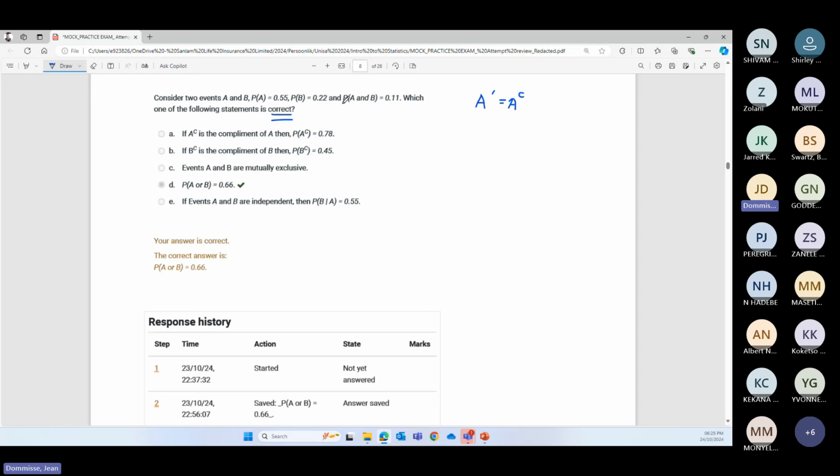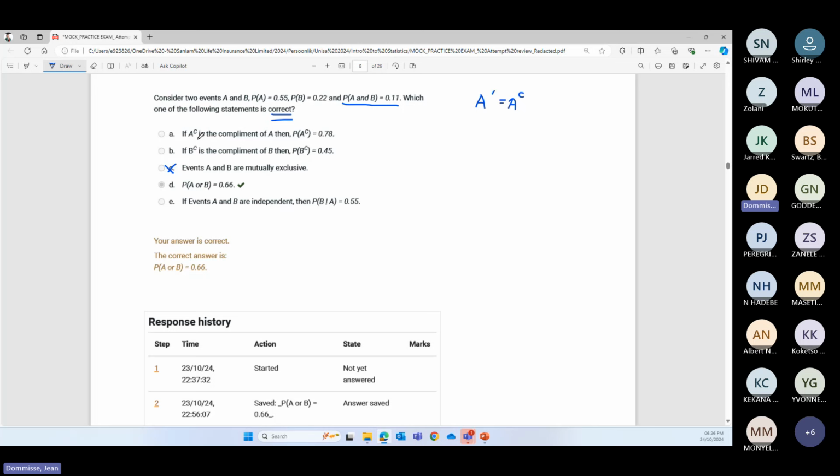Okay, so the first thing, when I see that, I know that it is then not mutually exclusive. So "events A and B are mutually exclusive" is incorrect, because if it's mutually exclusive, it needs to be equal to 0.